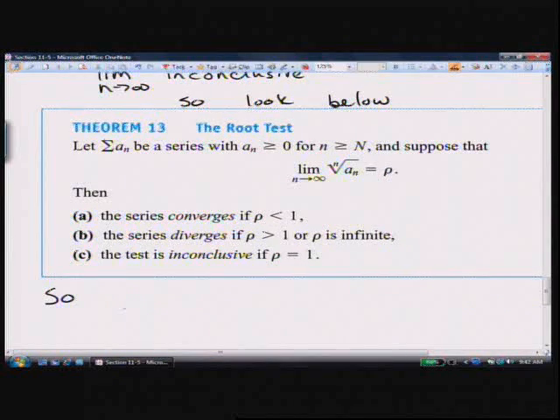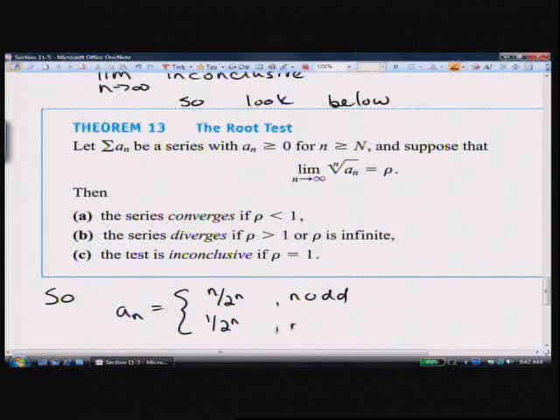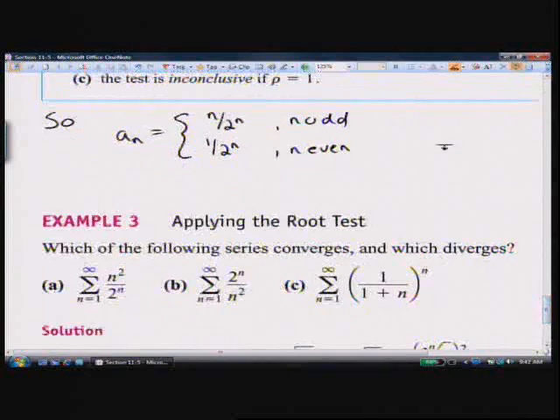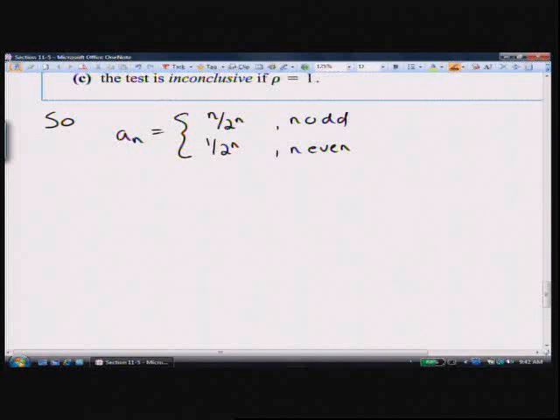We still have a sub n equal to n over 2 to the n if n is odd, versus 1 over 2 to the n if n is even, right? And then the limit, oh no, we don't have to do the limit.